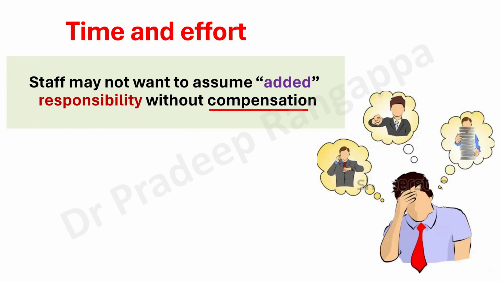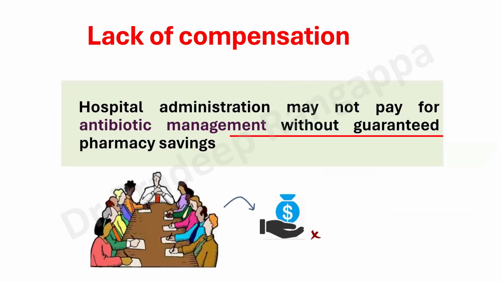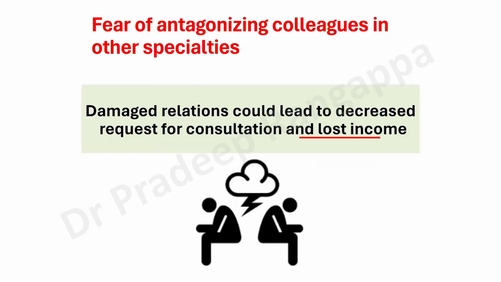So when there is no incentivization for practicing good antimicrobial stewardship, very often staff lose enthusiasm in incorporating the principles of antimicrobial stewardship, and hospital administration may not pay for infection control teams or antibiotic management without guaranteed pharmacy savings. So these are some of the other issues that govern non-implementation of effective antimicrobial stewardship within the hospital.